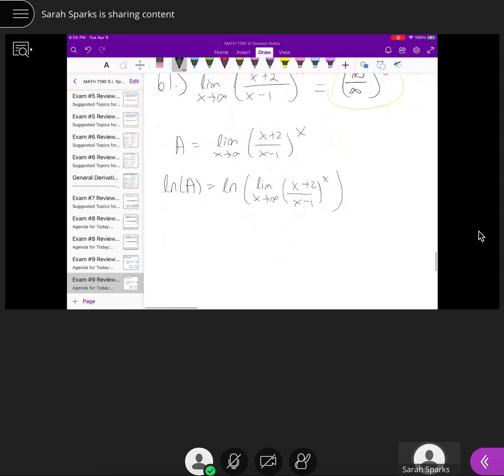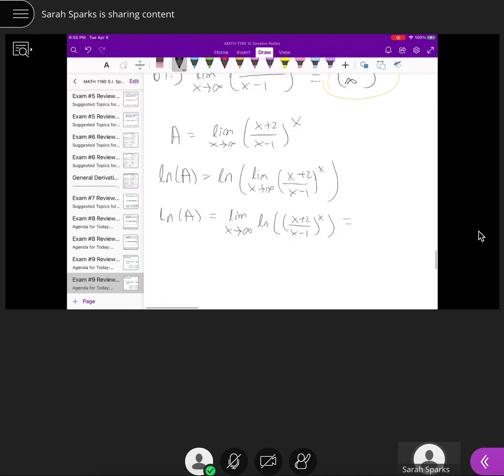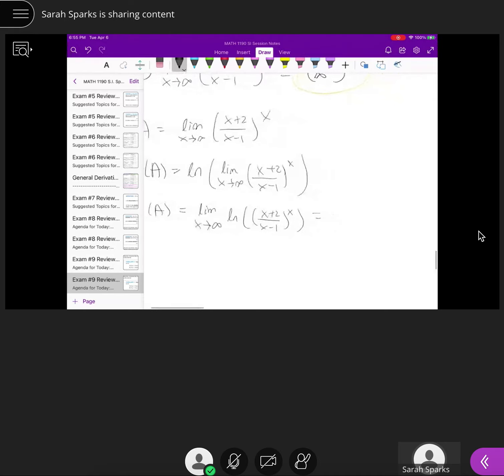All right, and then we can rearrange our limits to get natural log of a is going to equal the limit as x goes to infinity of the natural log of (x plus 2 divided by x minus 1) to the x power. And then we can use our logarithm properties in order to bring that x out front.